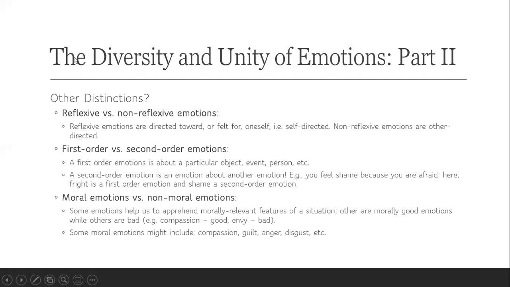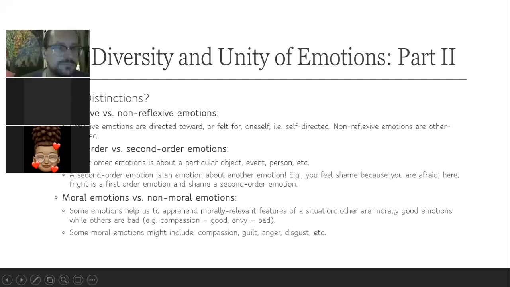Now, I wonder if we can come up with some examples together of emotions that are reflexive and emotions that are non-reflexive. So I put this question to all of you. Can anyone think of an emotion that you have experienced that's directed toward yourself, or of one that's directed at someone else?